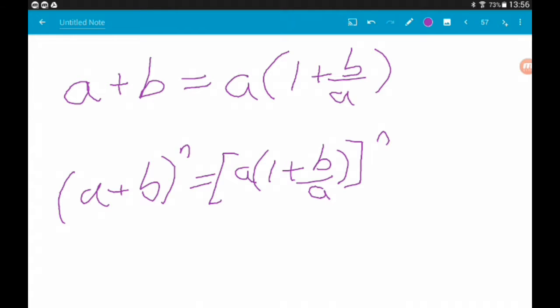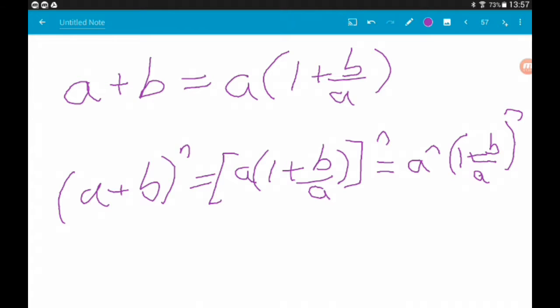Now if we let that power of n in, we've got A to the power of n times 1 plus B over A, all to the power of n.